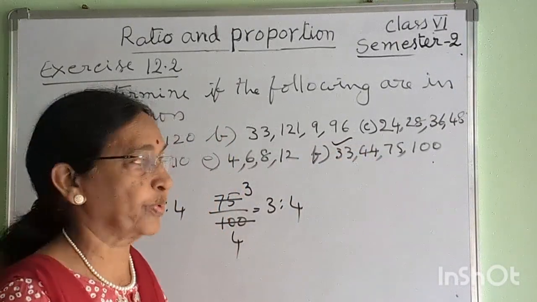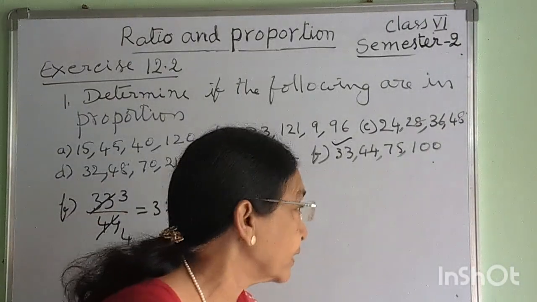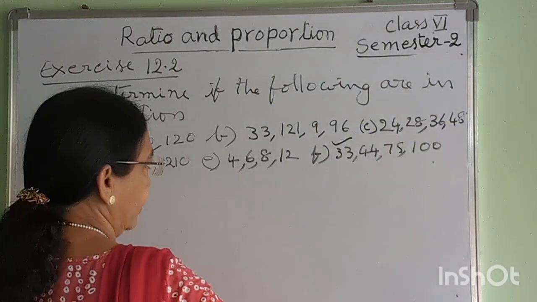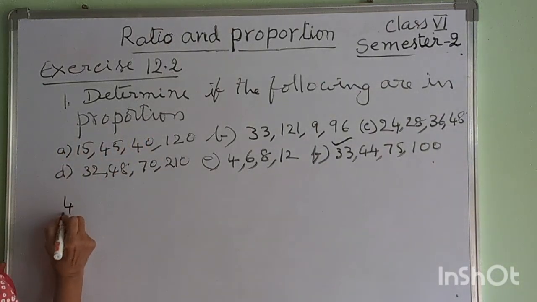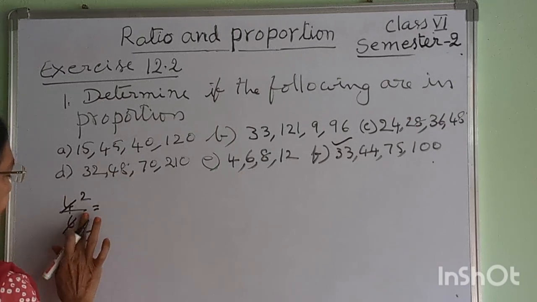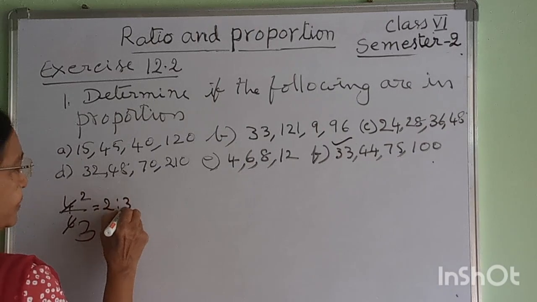Next, coming to E, this problem, E: 4, 6, 8, 12. Ratio of 4 and 6. 4 by 6, cancelling by 2: 2 2s are 4, 2 3s are 6. Therefore this is equal to 2:3.